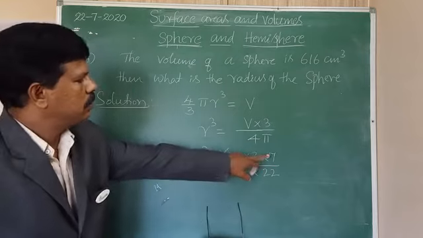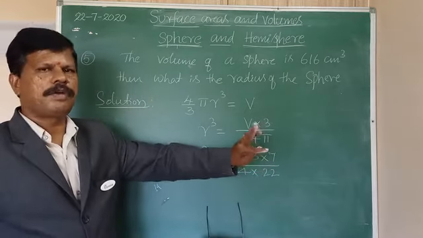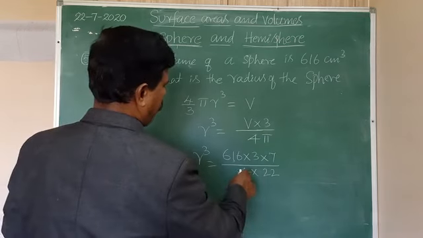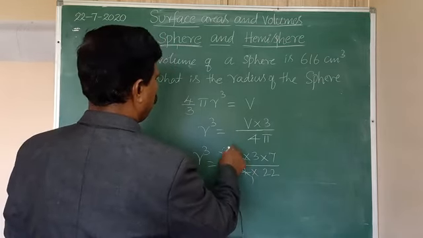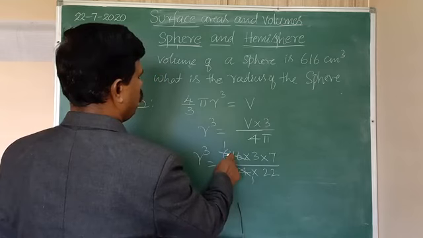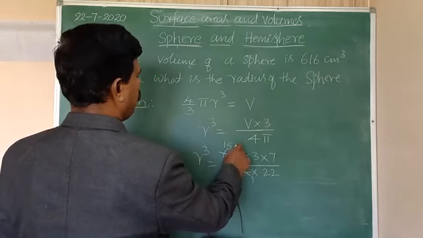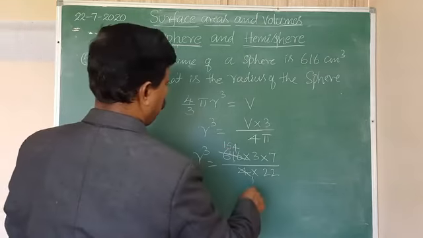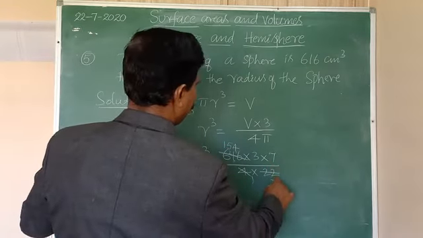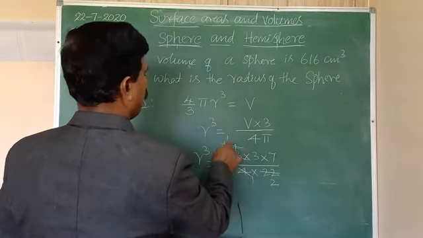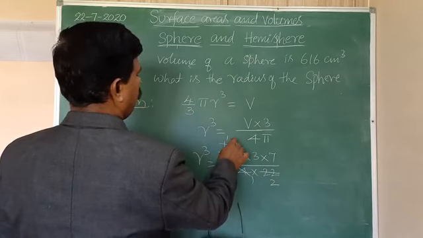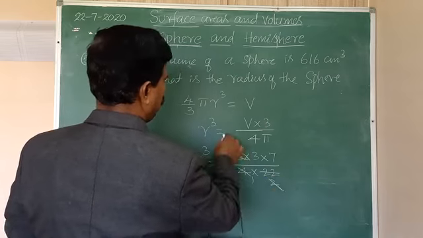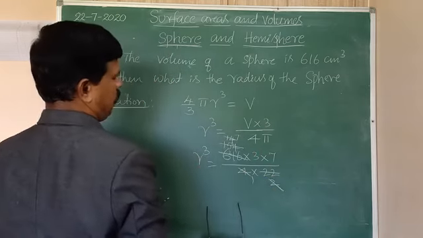See here, this 7 by 22 is the reciprocal of 22 by 7. Then simplify this. 4 ones are 4, 4 ones are 4, 4 5s are 20, 4 4s are 16. Okay, now 11 2s are 22, 11 ones are 11, 4 carry, 11 4s are 44, 2 ones are 2, 7s are.